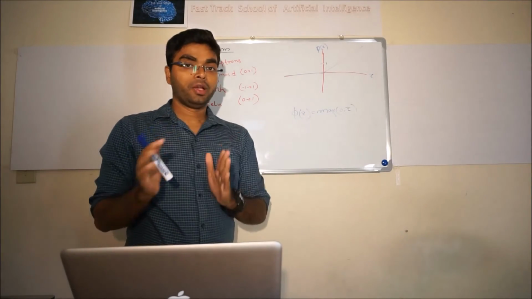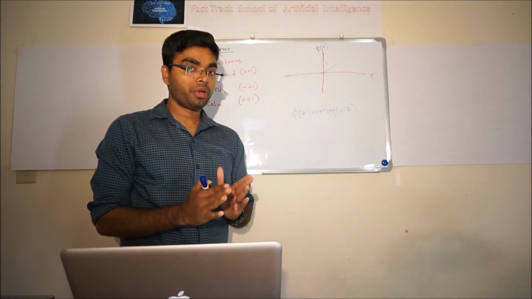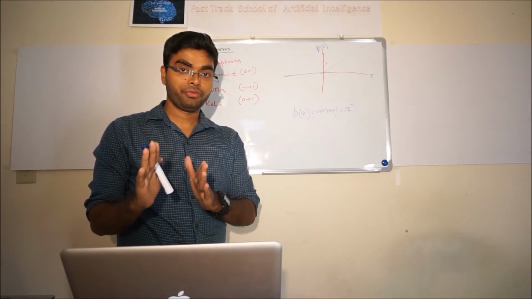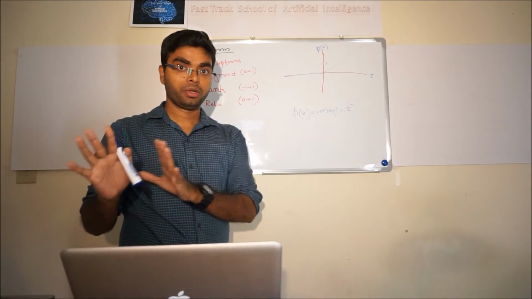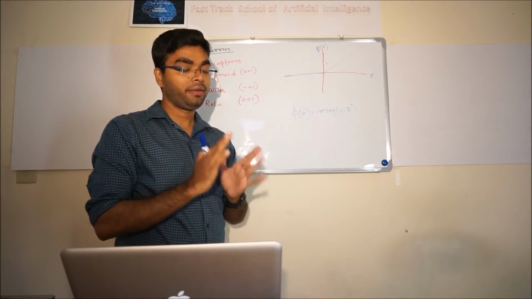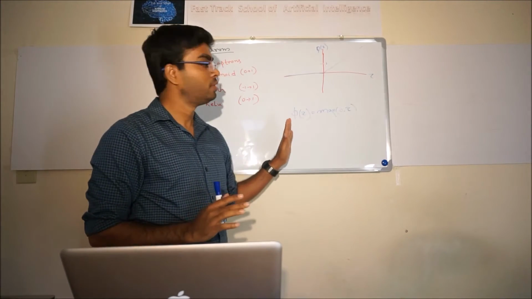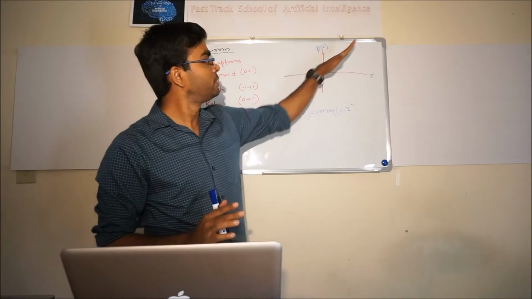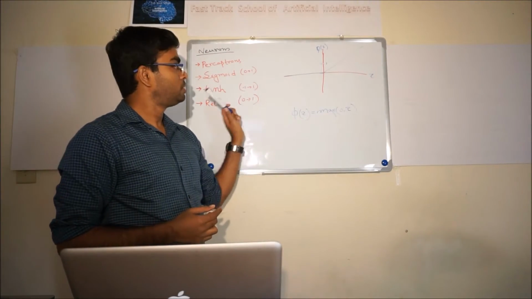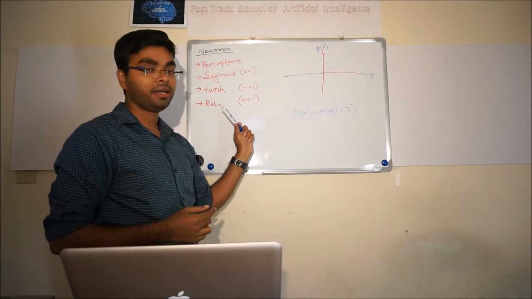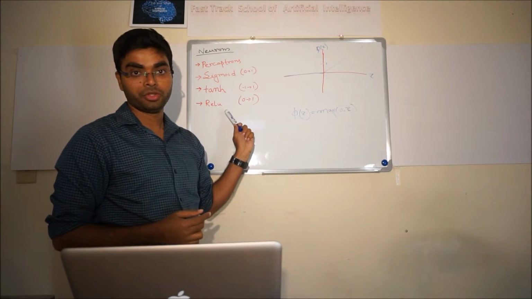So if the value of z or net input is positive, then the output of this activation function is the same value as the net input. If it is negative, then it is 0. Okay, so the curve is something like this. Alright, so this is the most widely used activation function.